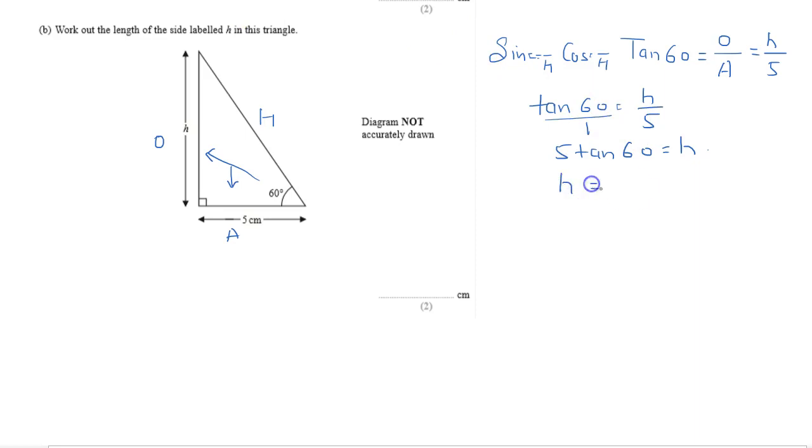So h will be 5 times tan 60. Tan 60 is 1.732, you can use your calculator to find this. You multiply it by 5 and you will get 8.66, or you can write 8.7, any value. So this is 8.6 centimeters.